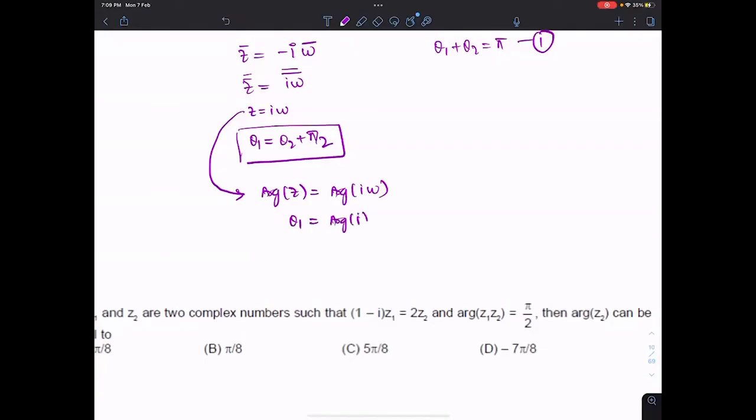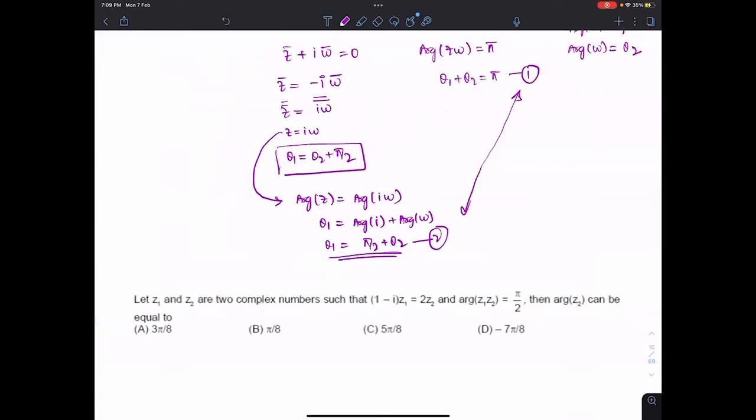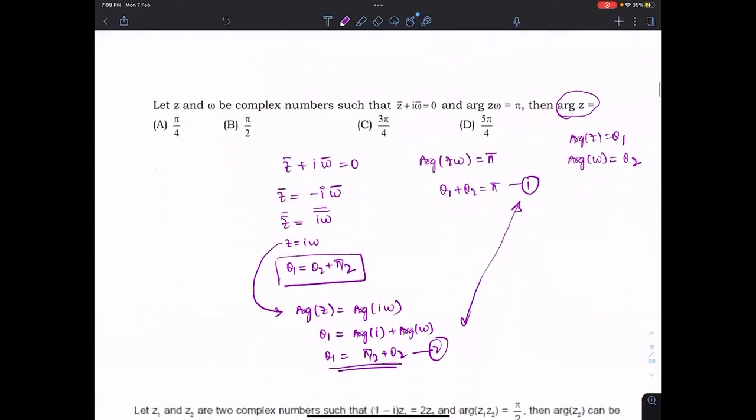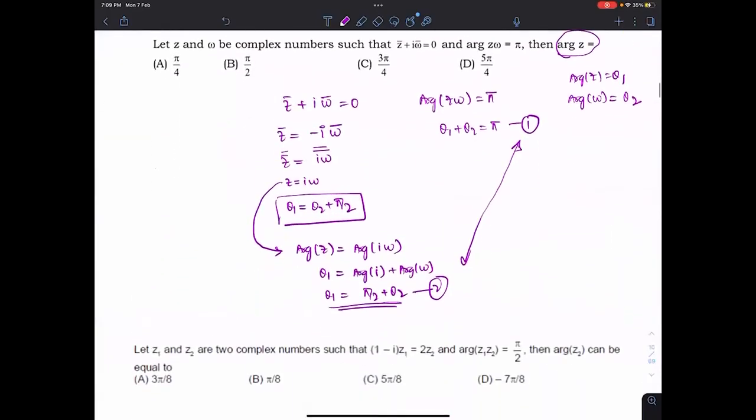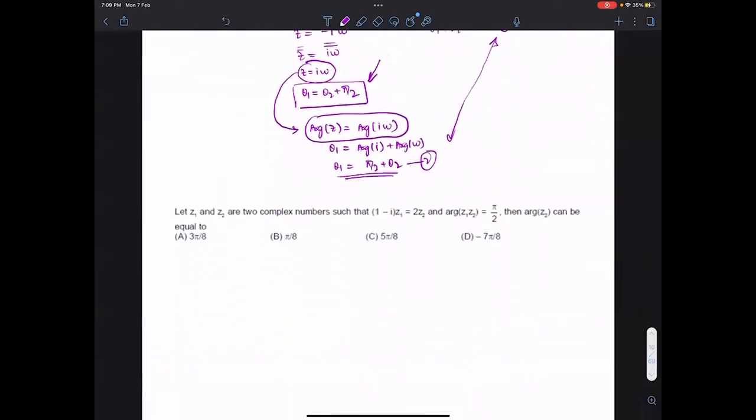Argument of Z1 plus argument of Z2. Like this I can write, no? So theta 1 is equals to argument of i, which is pi by 2, plus theta 2. Anyways, you will get this. So two equations, two unknowns. You can solve for theta 1. No? Okay. Very simple. The idea which you should get is how to get this relation. You may get that idea either from rotation or by applying argument on both sides. Okay. That is the logic here.